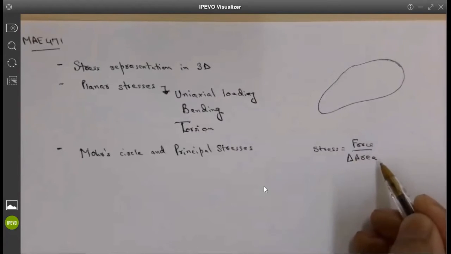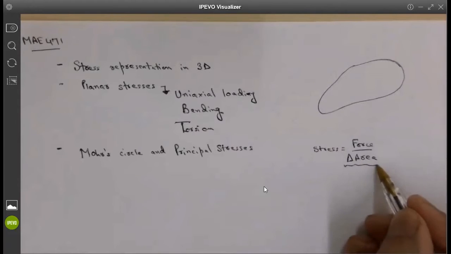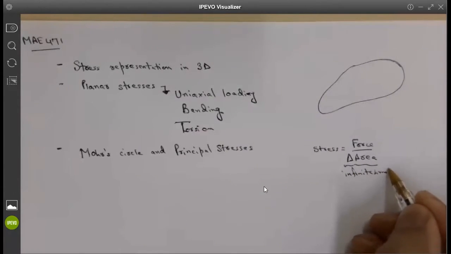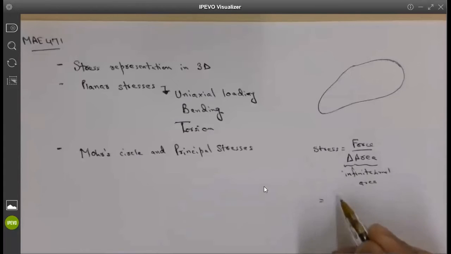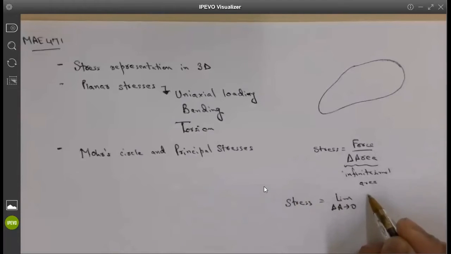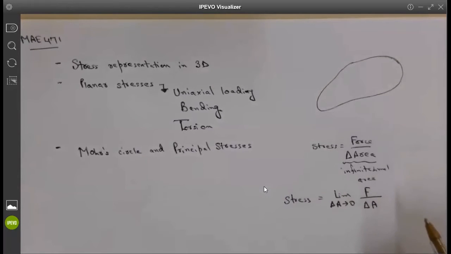So it is not just area, it's an infinitesimal area. So in the limit delta A tends to 0, you can basically define stress as a force divided by delta A. Is it making sense, guys?